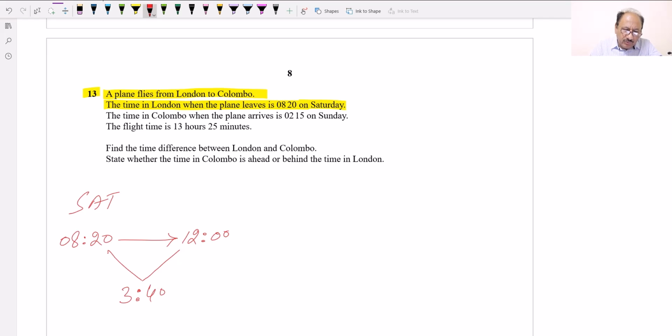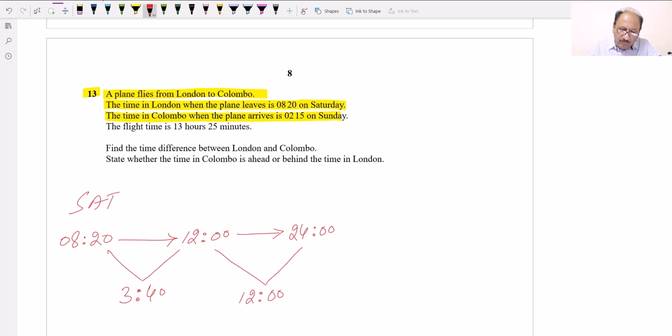And then from 12 noon to next, it says the time in Colombo when the plane arrives is 2:15 on Sunday. So from 12 to 12 midnight, we can write here 24, which is midnight basically. So this time interval will be of 12 hours.